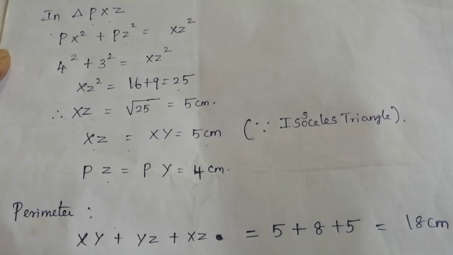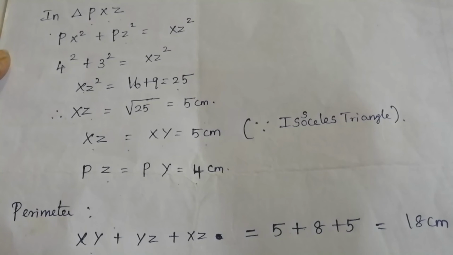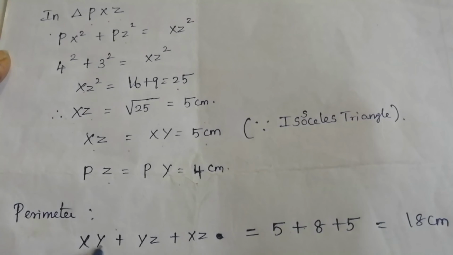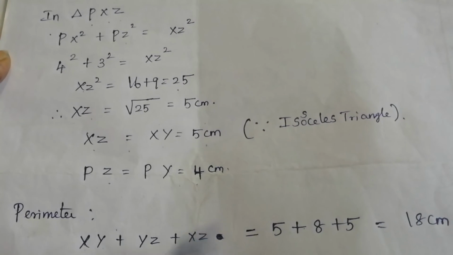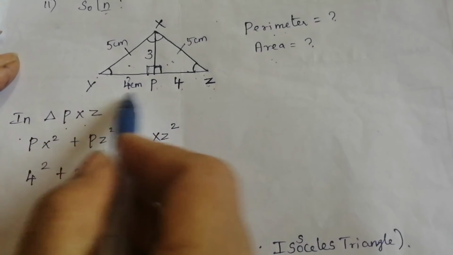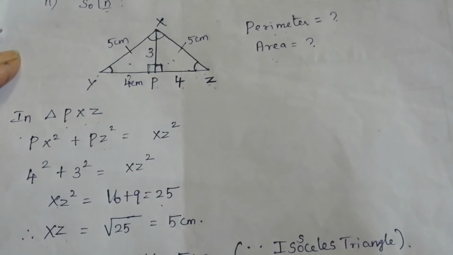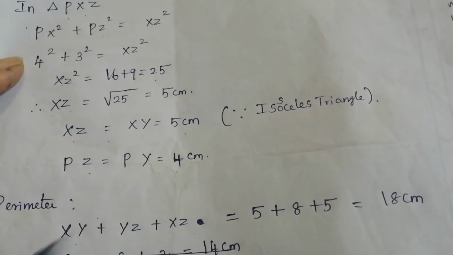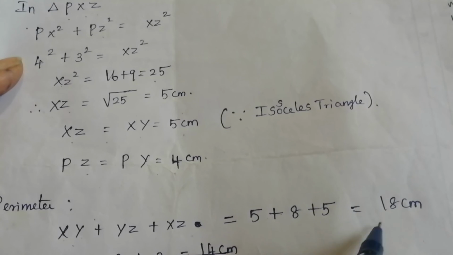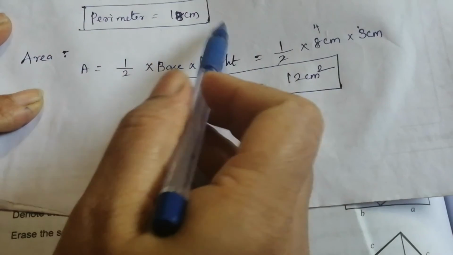So to find the perimeter of the triangle, we have to add all the three sides: XY plus YZ plus XZ. Here we know the value of XY and XZ. To find YZ, we have to add these two values, 4 plus 4 is 8 centimeter. So 5 plus 8 plus 5 equal to 18 centimeter. So perimeter equal to 18 centimeter.